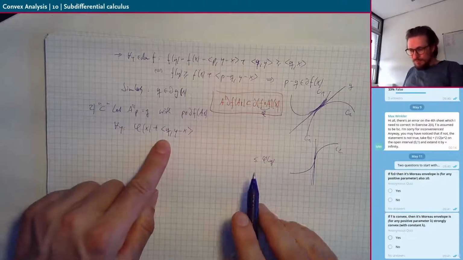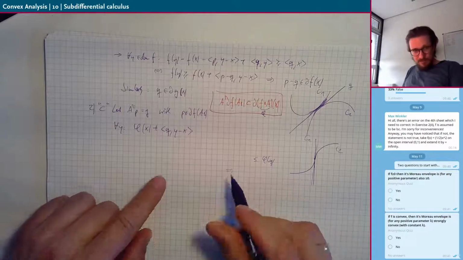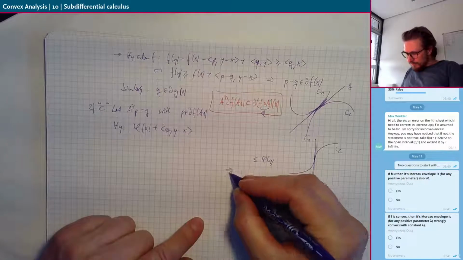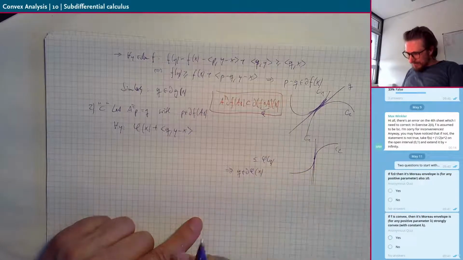If you can manage that, we've shown that q is a subgradient of phi at x, so if you can fill in the blank here, you can conclude that q is indeed a subgradient of phi at x, and this is what you want to show.